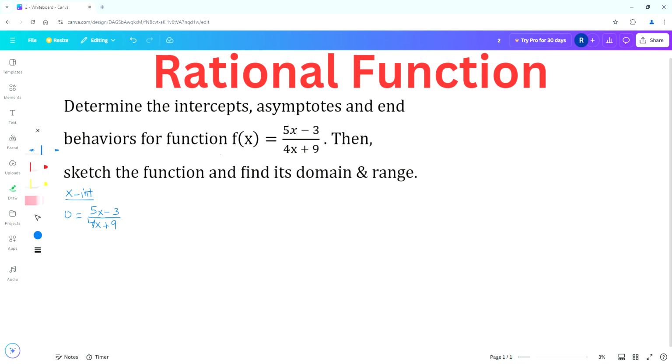Next, we can cross multiply the denominator to the left side. 0 times 4x plus 9 is equal to 0. We have to isolate x in this equation. We should move negative 3 to the left side of the equation.